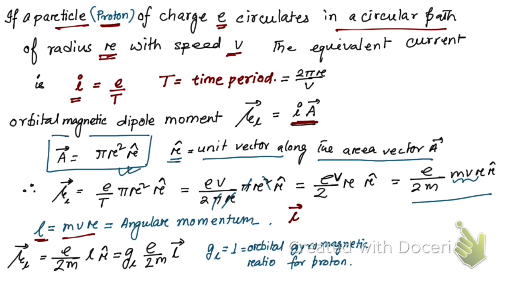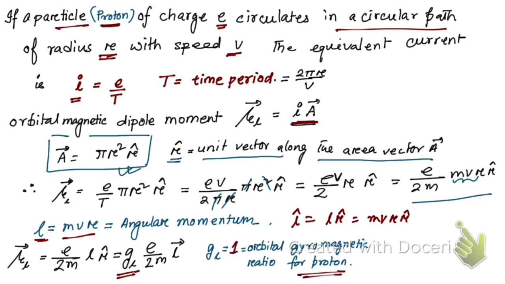Hope you have understood this. So we can write the angular momentum vector like this: L vector is equal to L r cap, which is equal to mvr r cap. And this g_L is the orbital gyromagnetic ratio for the proton, and its value is 1 in this case.